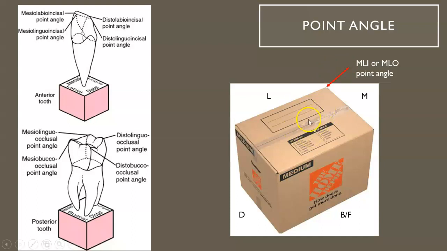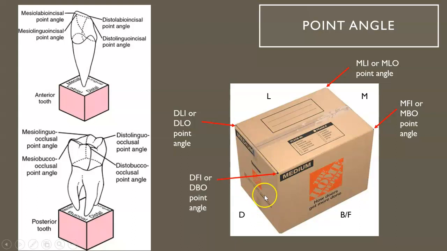So again, if this were occlusal or if this were incisal, it would be either MLI or MLO point angle. This one, mesial, buccal or facial, and incisal or occlusal, so it's your MFI or mesiobuccoocclusal point angle. Three surfaces coming together. Here's your distal, your lingual, and your occlusal or incisal, which creates that point angle.